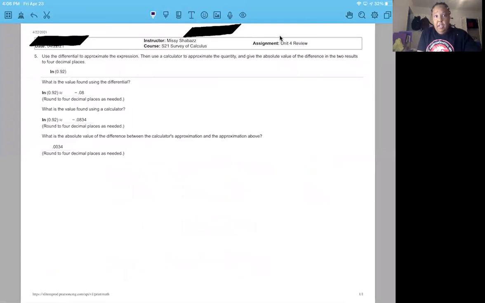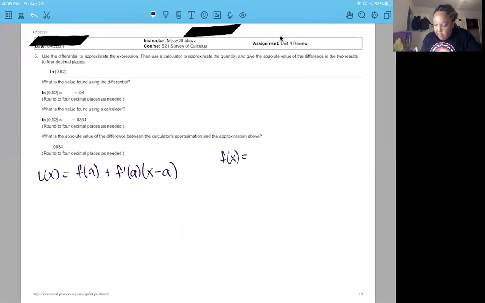All right, this is a similar question. It says use the differential to approximate the expression. I'm again going to use the linear approximation, f of a plus f prime of a times x minus a. The function I'm going to use is natural log of x, and the closest to 0.92 would be 1 because I know the natural log of 1 is 0.